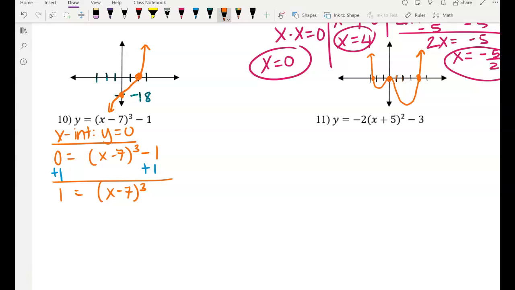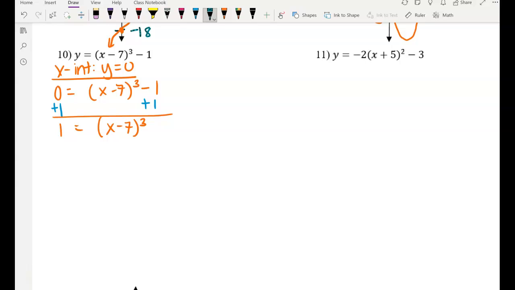To undo power of 3, what do we do? We take the cube root of it. Okay. Now square root, we would need 2 identical items to get it out of the square root. Cube root, you would need how many identical items? Yep. 1, it's a perfect cube, by the way, because it's 1 times 1 times 1.